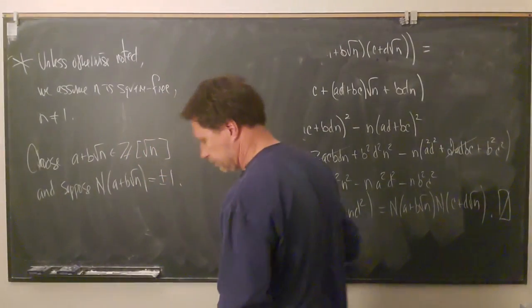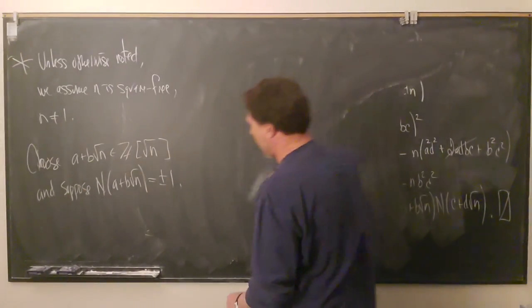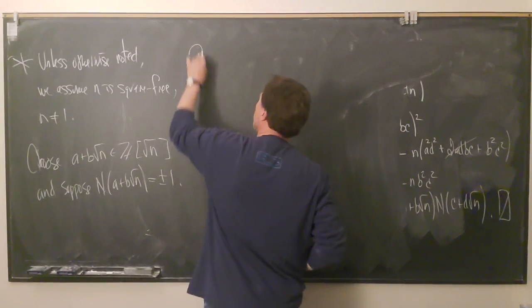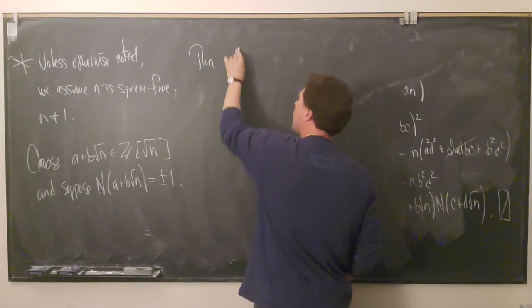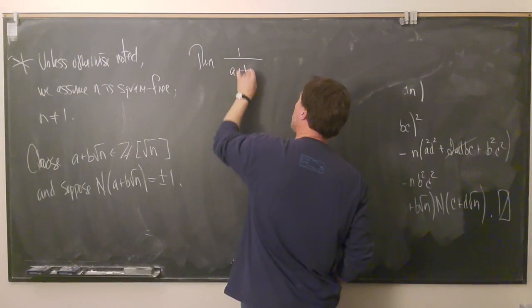Then I'm going to look at 1 over A plus B root n.